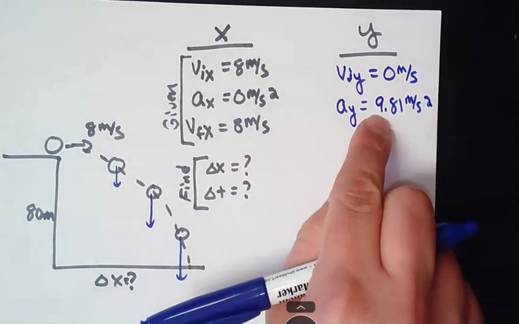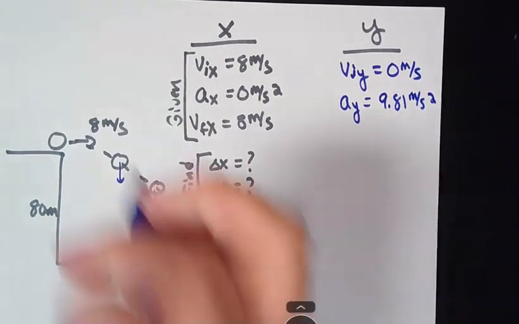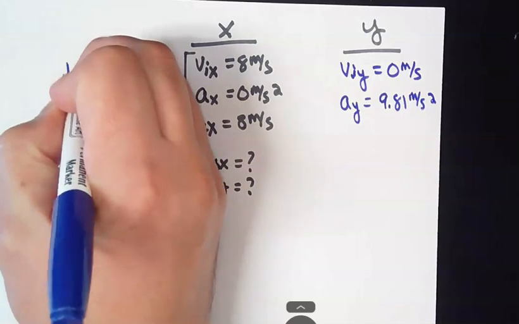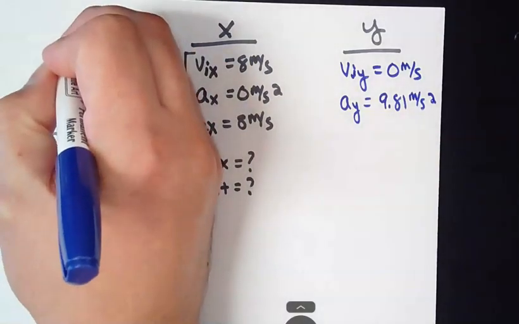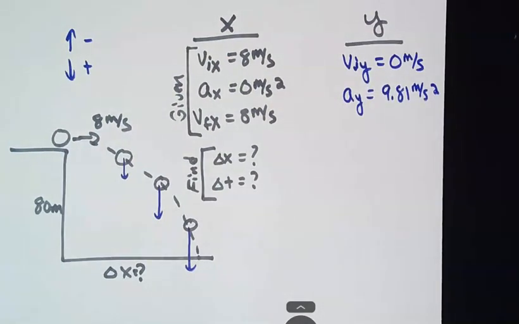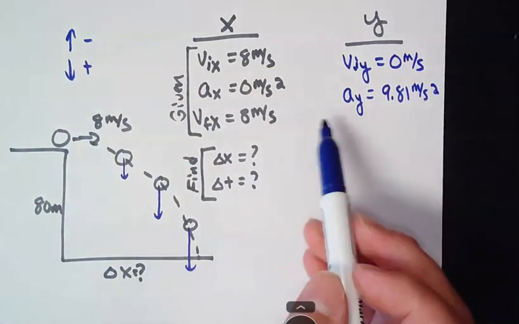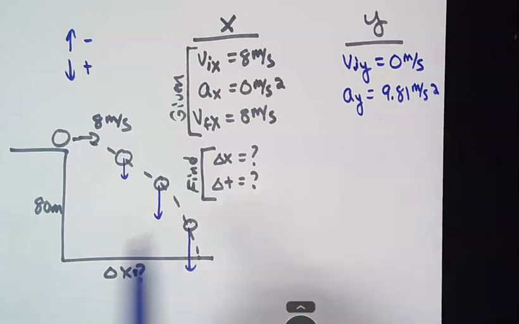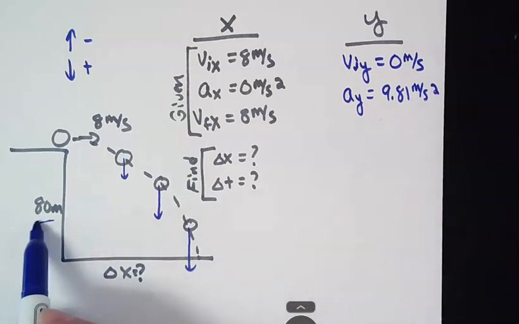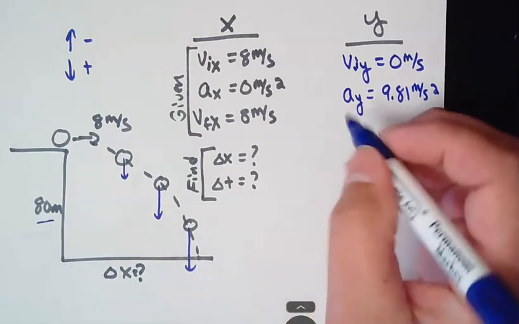Now, I let that be positive, so in this case, it's important to note that I'm letting down be positive and up be negative as far as our directions go. Now, you can let down be negative if you want, but then gravity better be negative, and our displacement, our delta y that we're going to be talking about, should be negative as well.